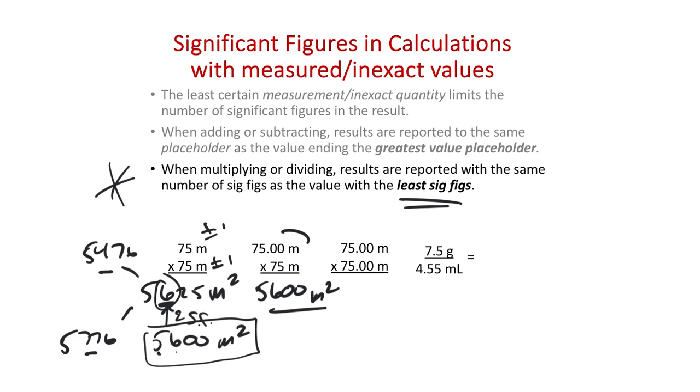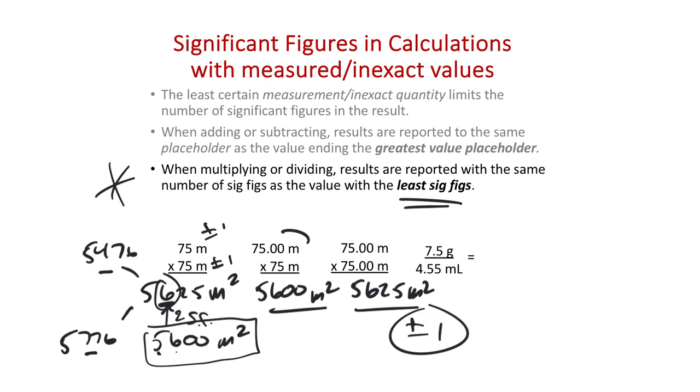So I'd have to go 75.00 times 75.00 if I wanted to know for sure that that object had an area of 5625 square meters, but my certainty is only still plus or minus 1, right? So I'm still not certain it's exactly this. It's still plus or minus 1, 4 sig figs. A lot of times when we think 75 times 75, why isn't it exactly 5625?